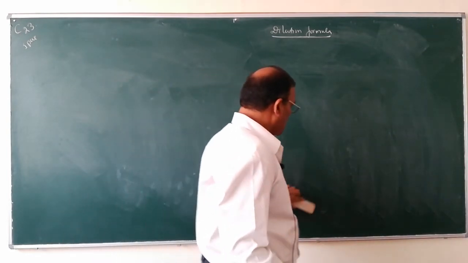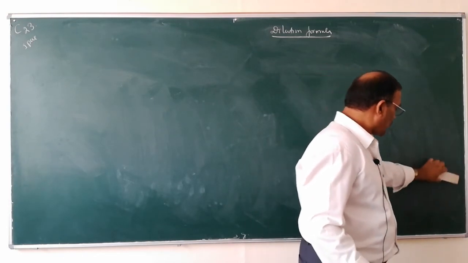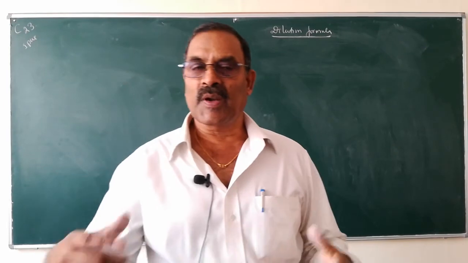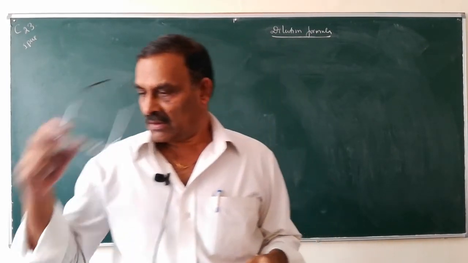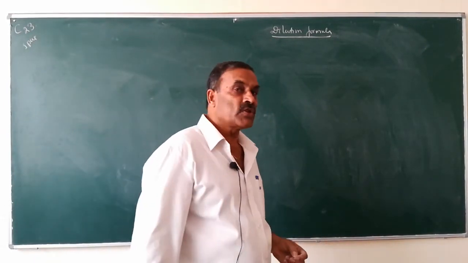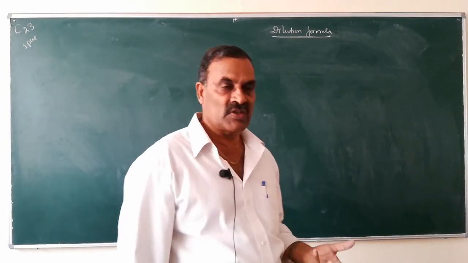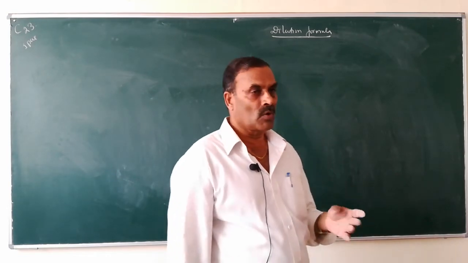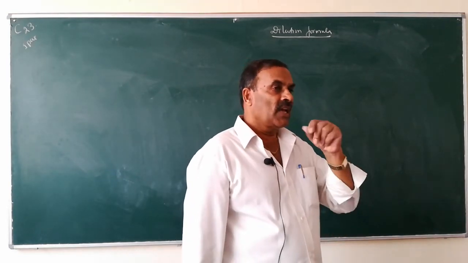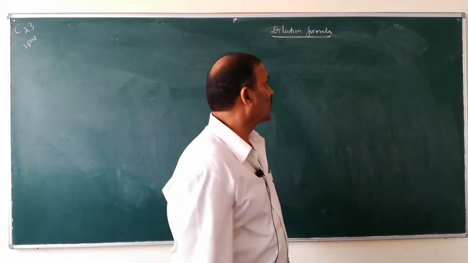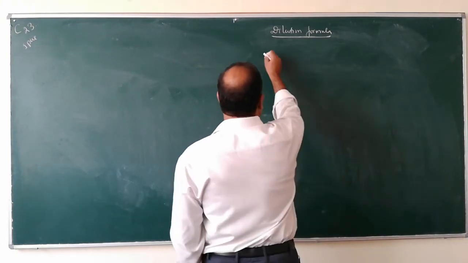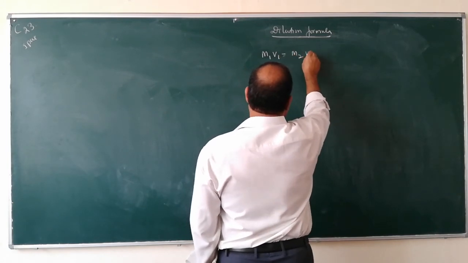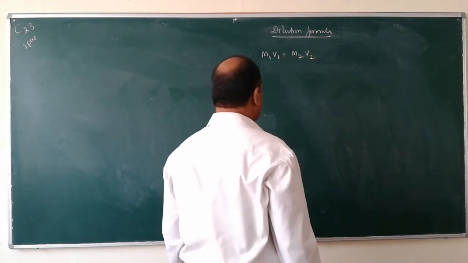Their molarity is high, but for our experimental work we need dilute solutions. So we have to prepare a dilute solution of known molarity from the concentrated solution. Then we use this formula, the dilution formula: M1 V1 equals M2 V2.